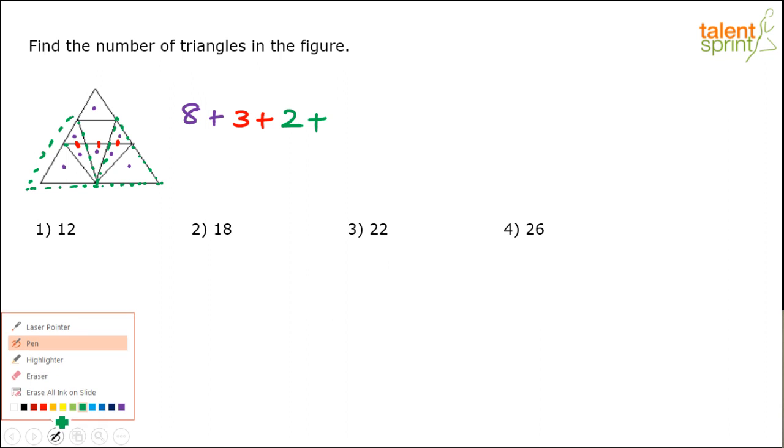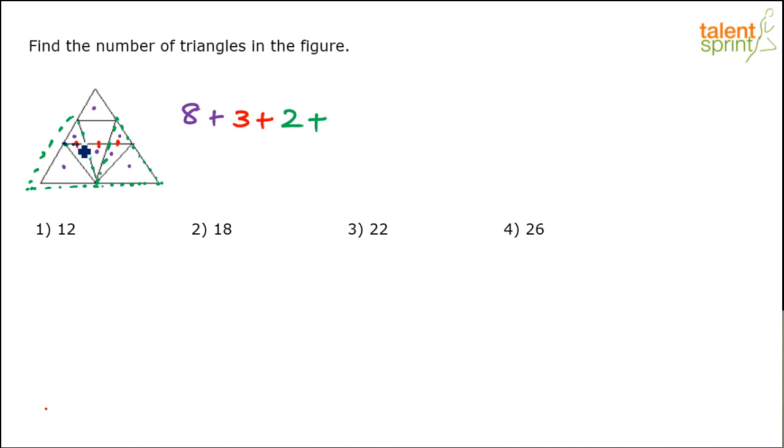Let me use a different color. I'm sure you would have got the answer as 18 by now. I'm just trying to. Right? Yeah, I think I've got it now. So this one and this one are 2 more, and I've got the other 2 as well. So this is plus 2.